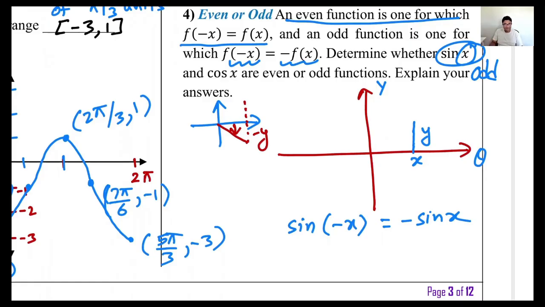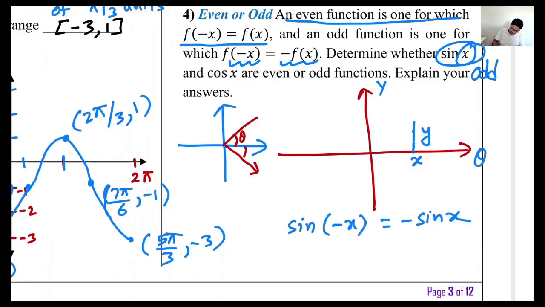And what about cos x? Cos x is the x coordinate, right? Now for an angle, I'm referring back to the same diagram. I'll erase it and write it again so you can see it here. If I'm at an angle here, let's say theta, and if I go to negative theta, I'm moving to the fourth quadrant.